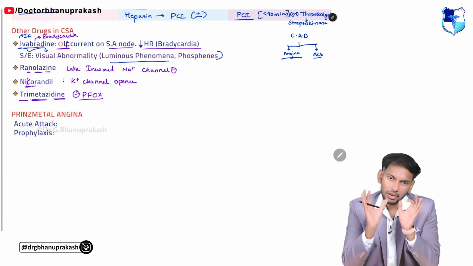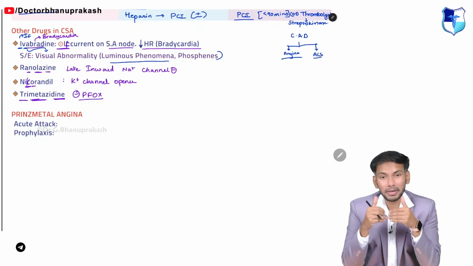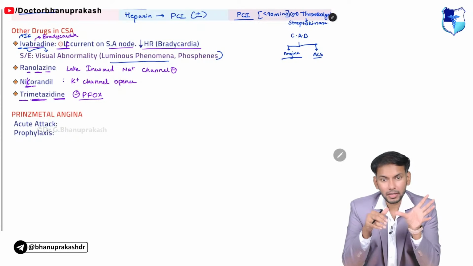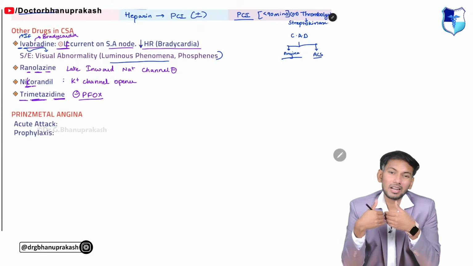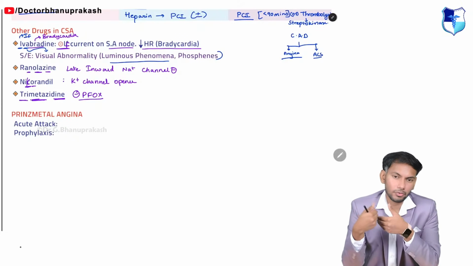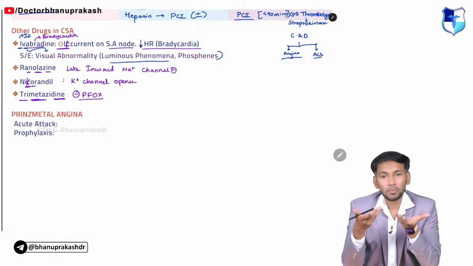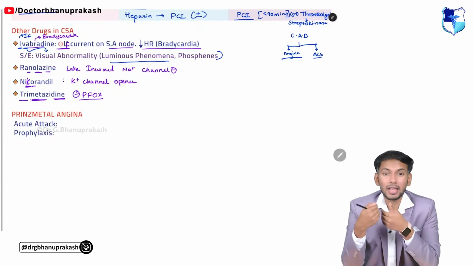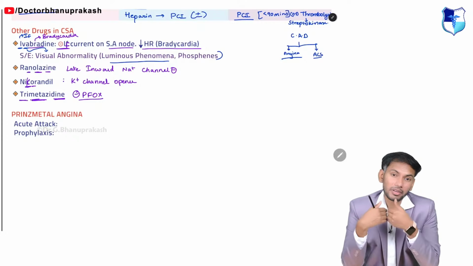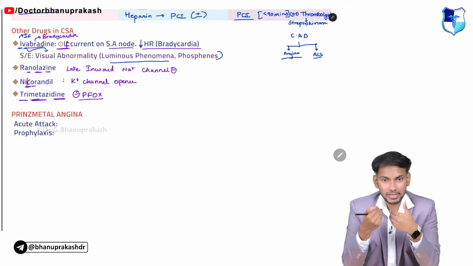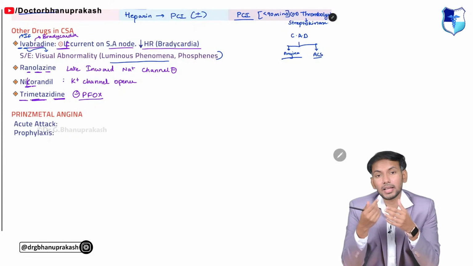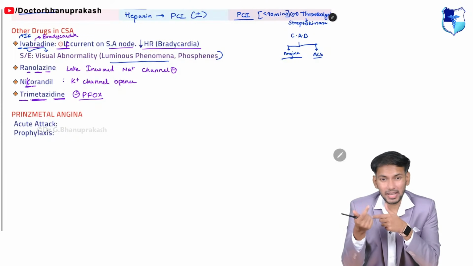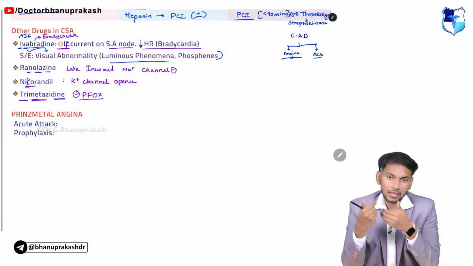So what will this trimetazidine do? It will convert the fatty acid dependence to glucose. So the heart will start using glucose as its fuel instead of fatty acids. Why? Because fatty acid oxidation requires a lot of oxygen. It is an energy consuming process. So when we turn it into glucose, our ATP is saved and we are helping the heart. That is why trimetazidine is helpful in chronic stable angina as well, because it is decreasing the demand.